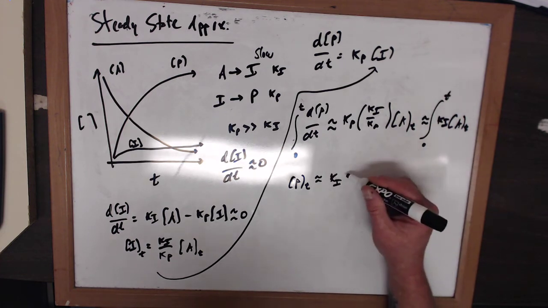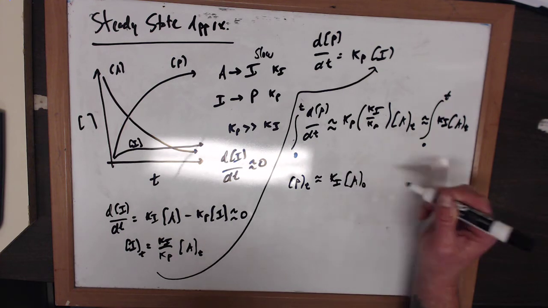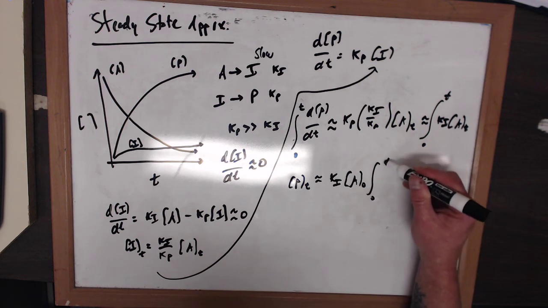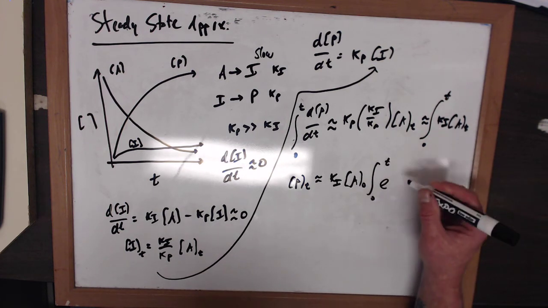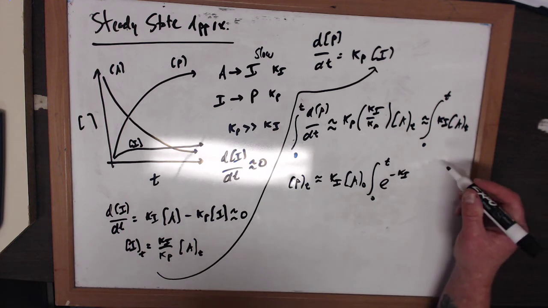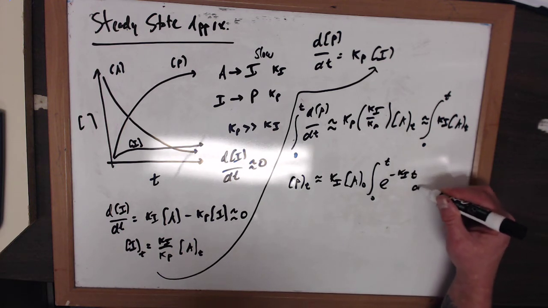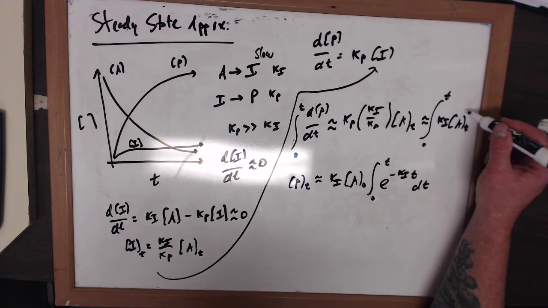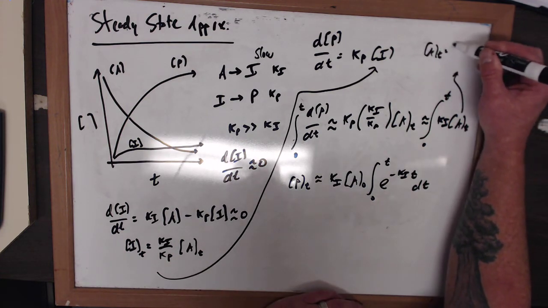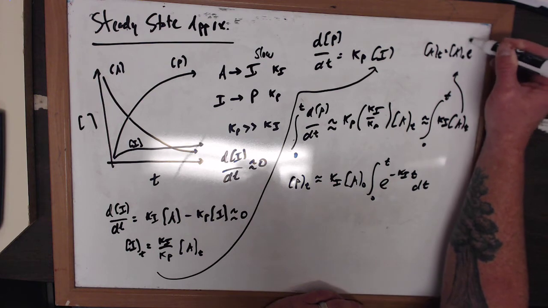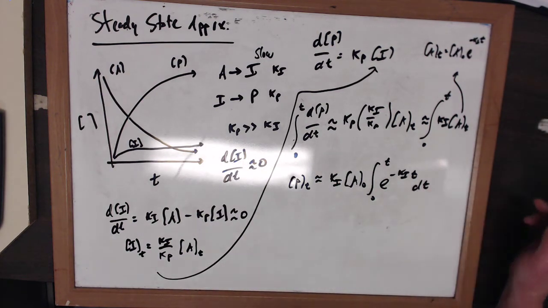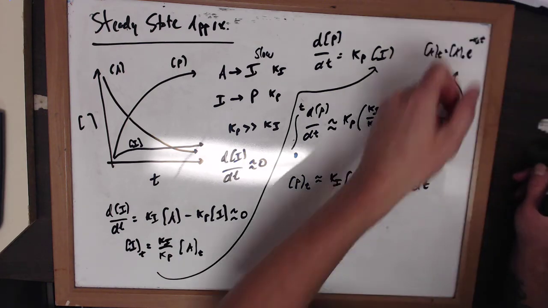I'm going to pull everything out that's a constant, which is Ki and A initial. And then now that's times the integral from 0 to t of e to the negative Ki t dt. And again, this just came from the fact that A of t equals A0 e to the negative Ki t, right? And so now I only have to integrate that expression.